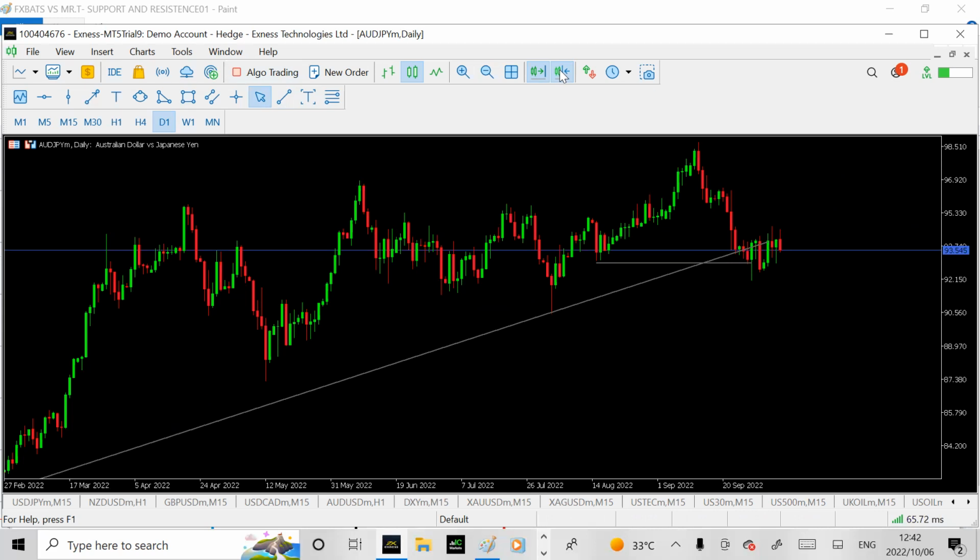But I can see that the CHoCH has been broken already. It has been confirmed. We're still on daily, right? Yes, still on daily. So can we conclude that this trend is still buying? I mean, it is selling. This trend is just confirming a sell.